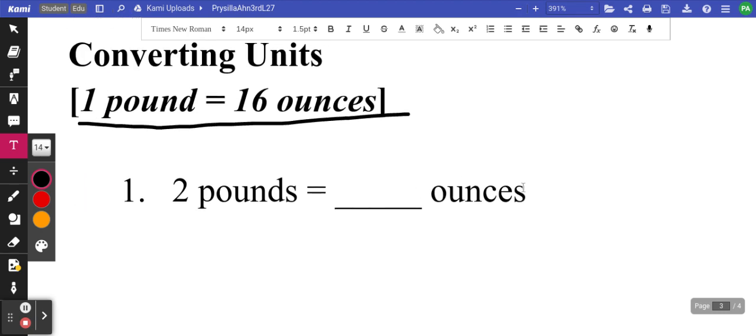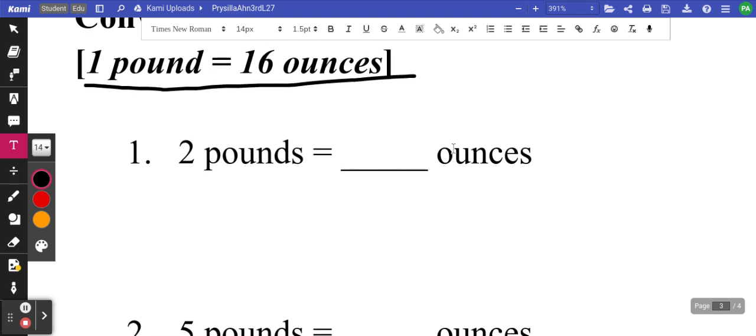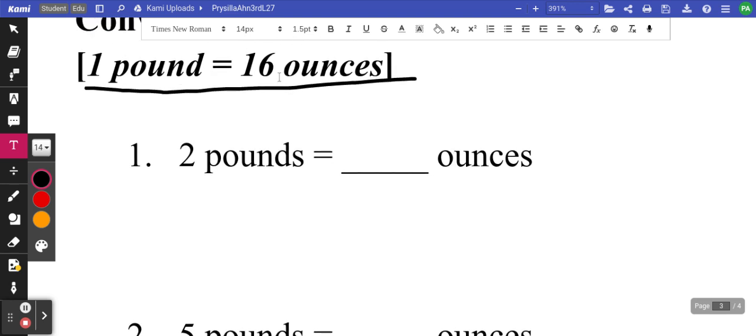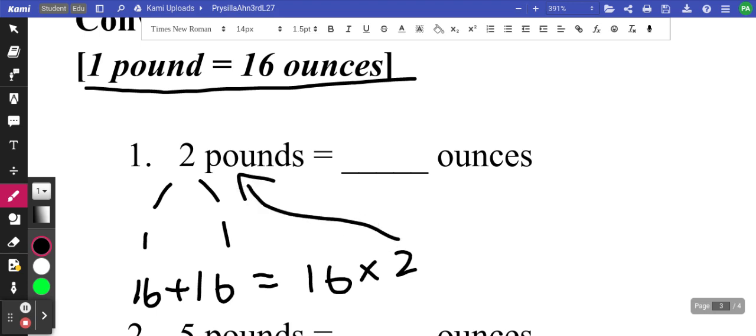And we're going to ounces, which is small. And remember, big to small is multiply. But what do we multiply by? It's 2 pounds, which means it's 1 pound and 1 pound. And how much is 1 pound? It's 16 ounces plus 16 ounces, which is basically 16 ounces times 2 pounds, which is where the 2 comes from. And you get an answer of 32 ounces.